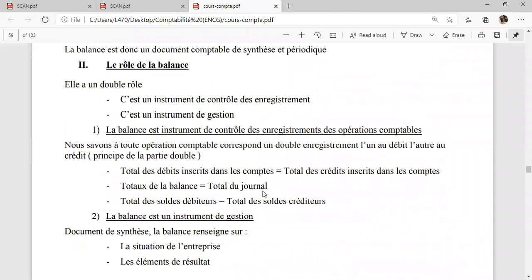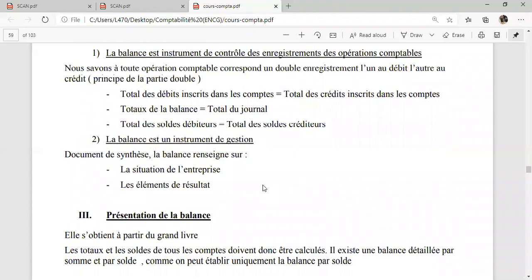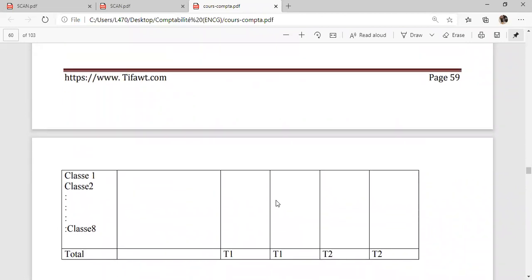So the main purpose of establishing the balance is to make sure that the double entry we entered in the journal and in the grand-livre are correct. So there are situations where you find the totals in the sum on the debit and the credit side under this main column, and they are not equal.